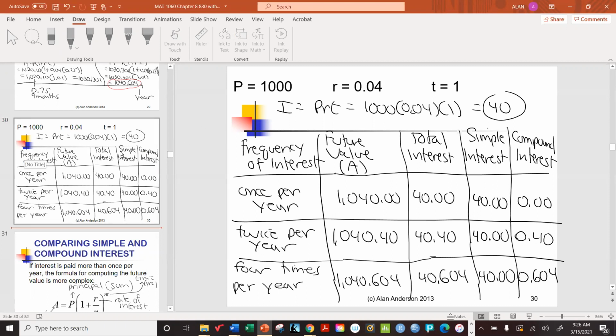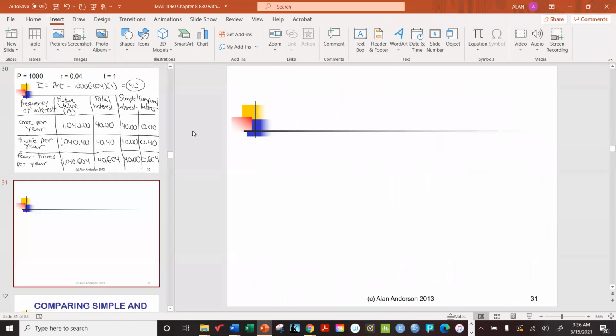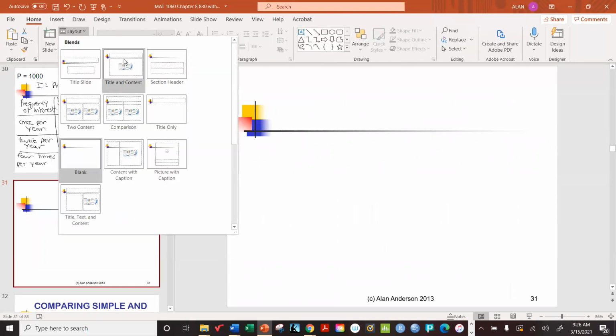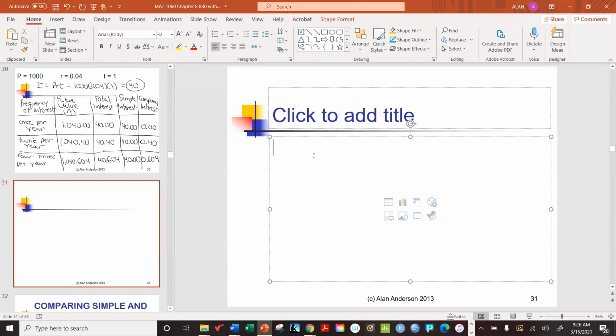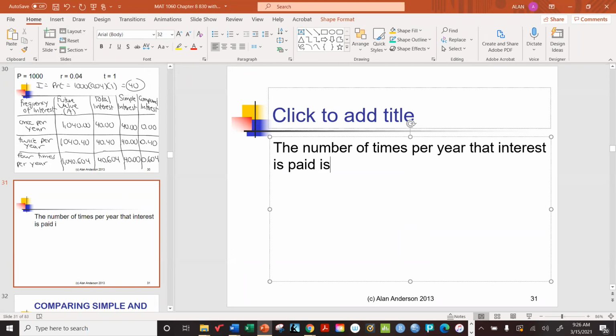All right, so what we want to do is try to wrap this up and understand what this is all about. So first things first, as far as the terminology goes, we'll make the following statement here. The number of times per year that interest is paid is known as the compounding frequency.